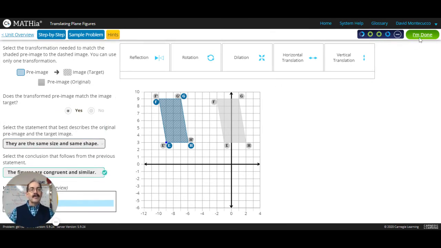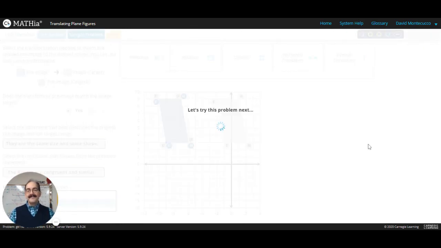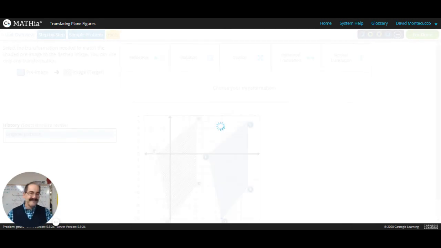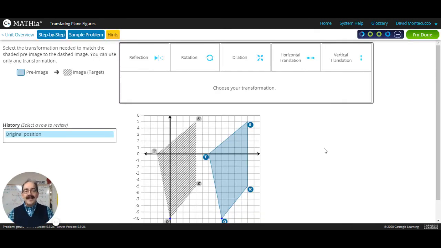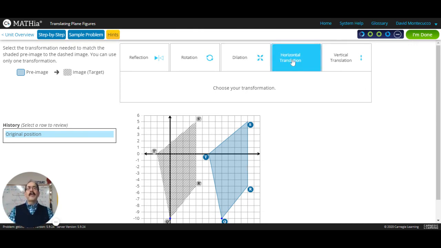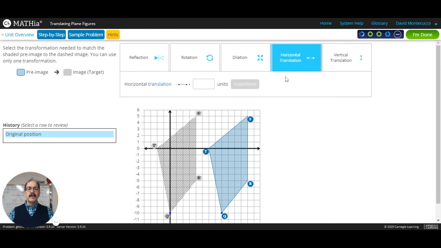We got a little crushing symbol there. An exploding grape. Oh gosh. Okay, again, they look the same. And we're going to go horizontal. We're going to go that direction from blue to stripes.